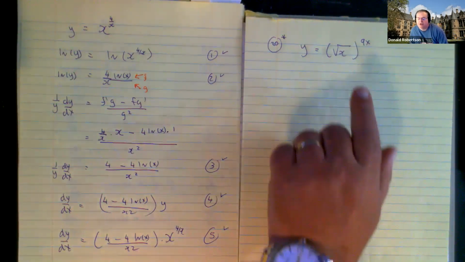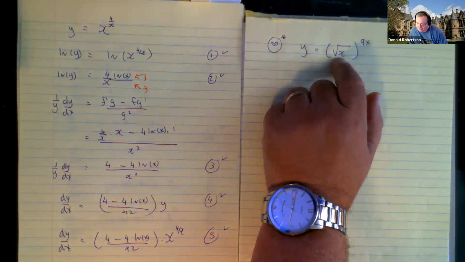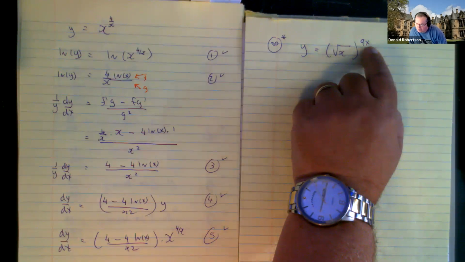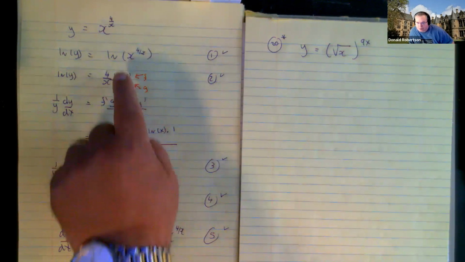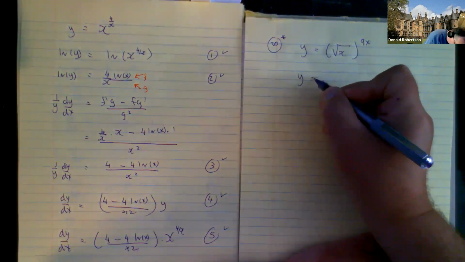But sometimes you can do a little bit better just to make your life easier. Now this guy is the square root of x to a really weird power. And I could certainly go through this process and it would work, right? Nothing wrong with it. And it wouldn't actually be that difficult to do. But I'm going to do one change.